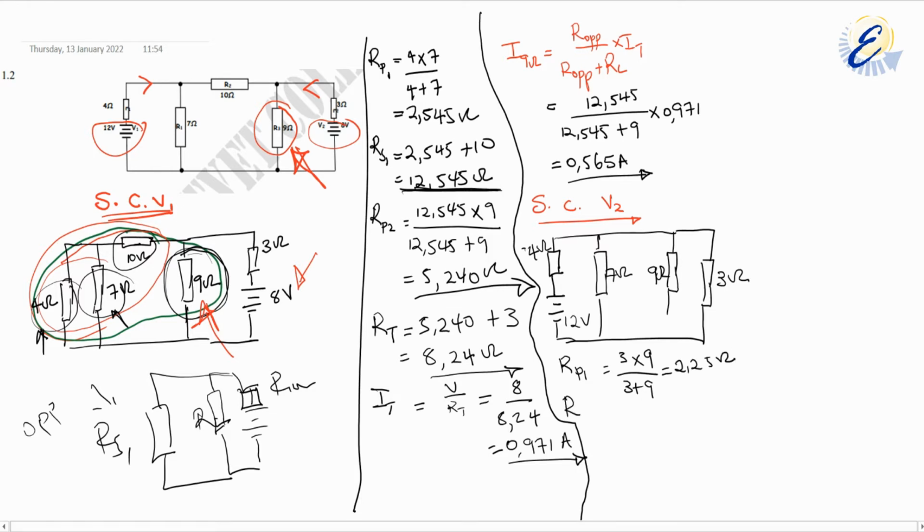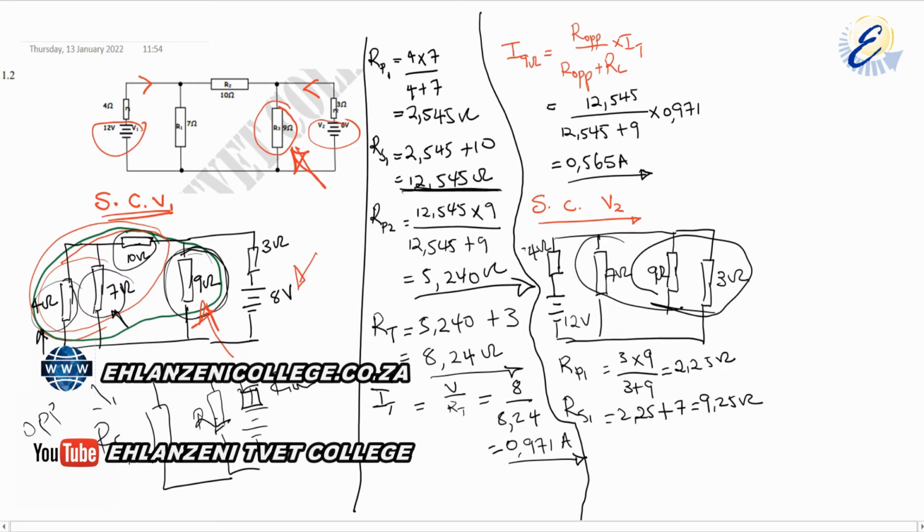We calculate RS1, which is going to be 2.25 plus 7. This would give us 9.25 ohms. And then again we calculate the last, because we've calculated this and that.